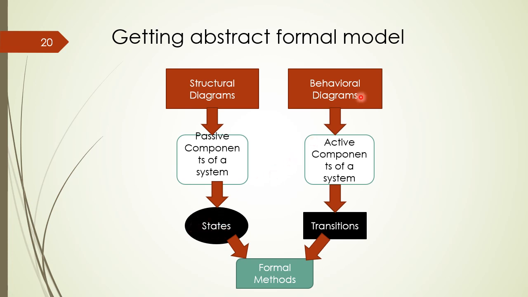Similarly, the diagrams representing the behavioral aspect of a software are actually active components of a system, which include operations or events, and such active components or operations can be represented as transitions, and by combining the states and transitions we can represent software as a formal model.